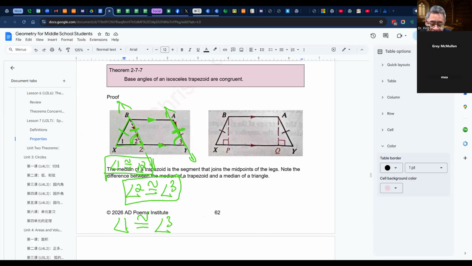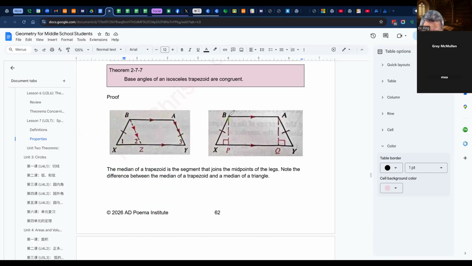Another way to prove that is to draw a perpendicular line. And what we got here, we already know these two are parallel. And because this line is perpendicular, 90 degrees, they are also parallel. And also there is a right angle here.